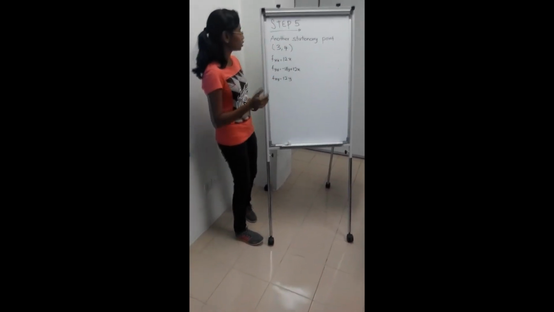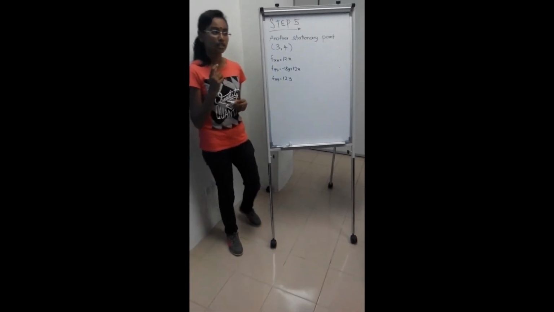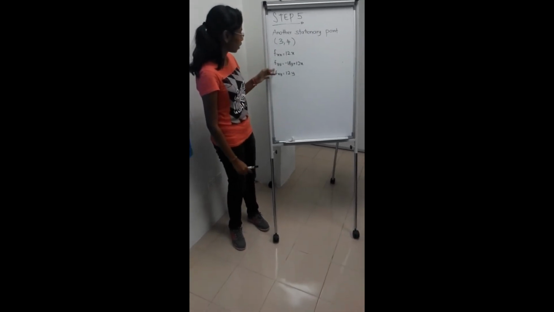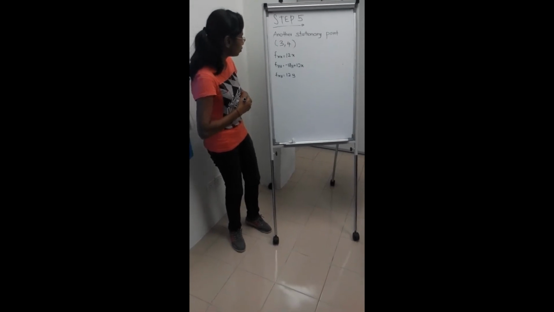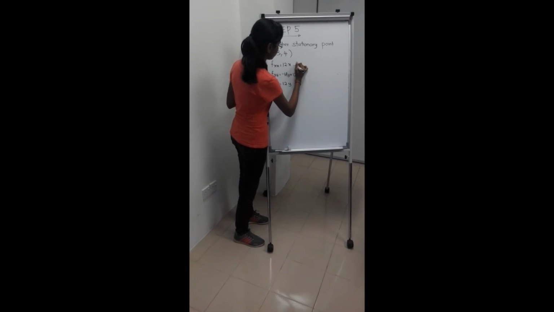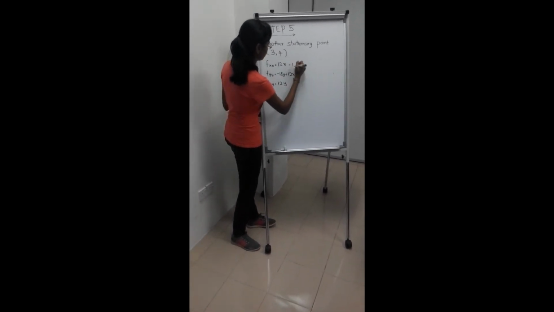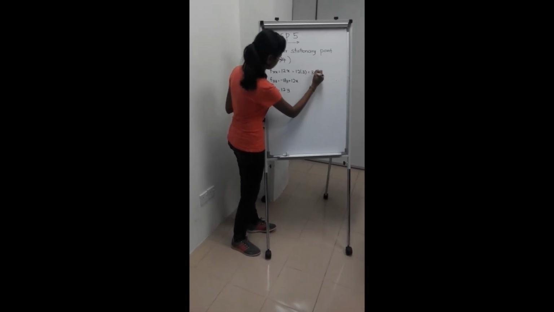To determine the nature of this point, we have to calculate the D value. To calculate the D value, we need the values for fxx, fyy and fxy. So now I'm going to find the values for these functions. First, to find the value of fxx, I substitute x with 3 and I get 36.